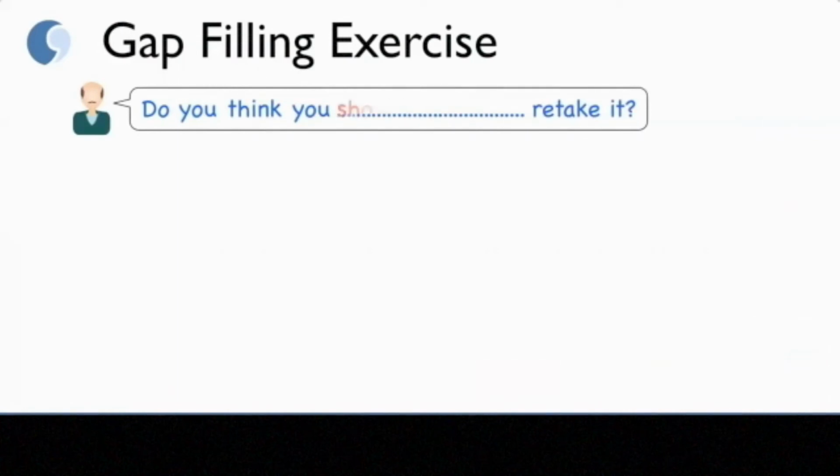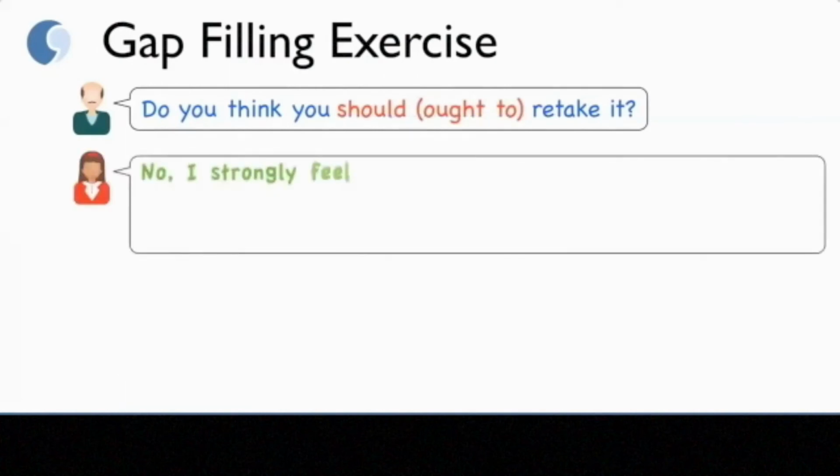Do you think you should or ought to retake it? No, I strongly feel that I must or need to focus on biology.